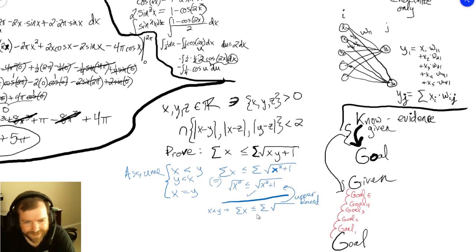You might have to use this, is what I'm really saying. So replace y with x minus 2. So x times x minus 2 plus 1. This is x squared minus 2x plus 1. It's going to be less than or equal to the sum of square root of x minus 1 parentheses squared.